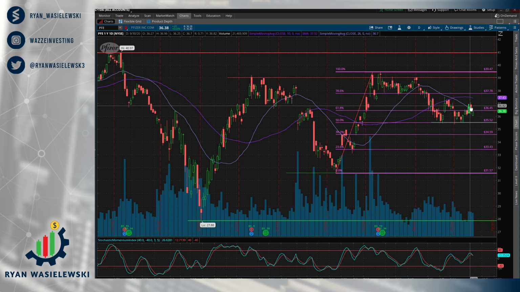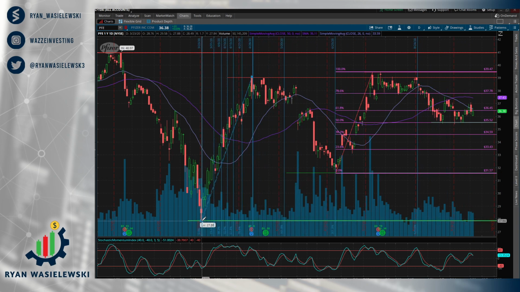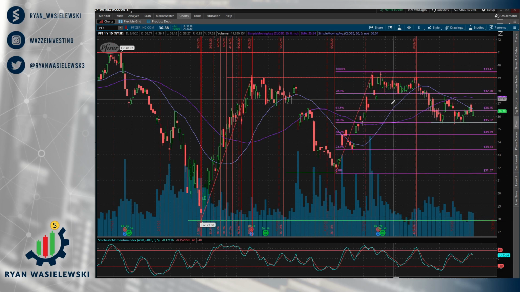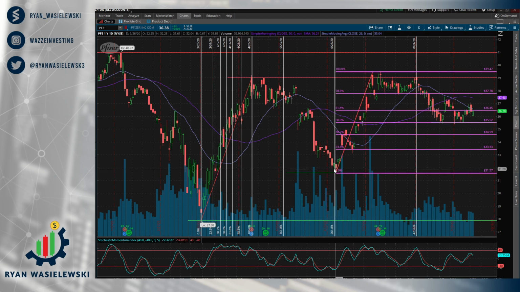Let's use some other analysis tools, and we can see the same thing with the Fibonacci time series. So let's use it on the previous one here. And this is one I think is really interesting, because you see these lines perfectly line up.